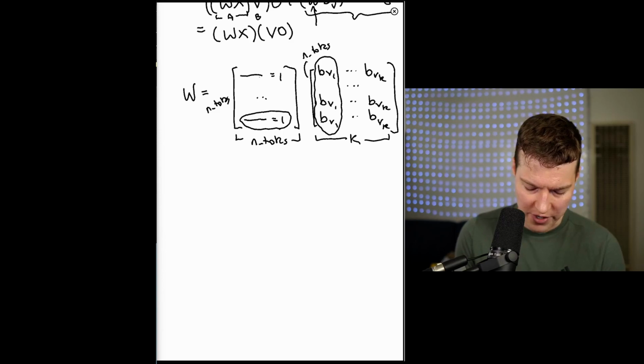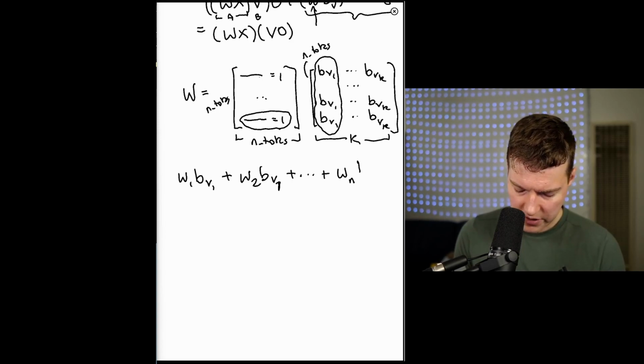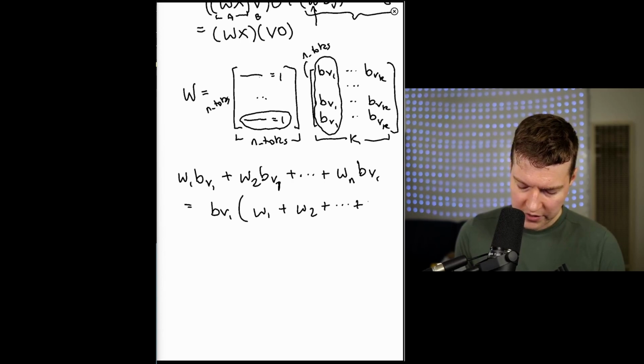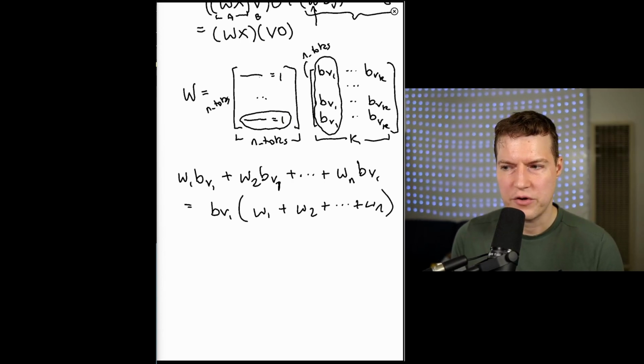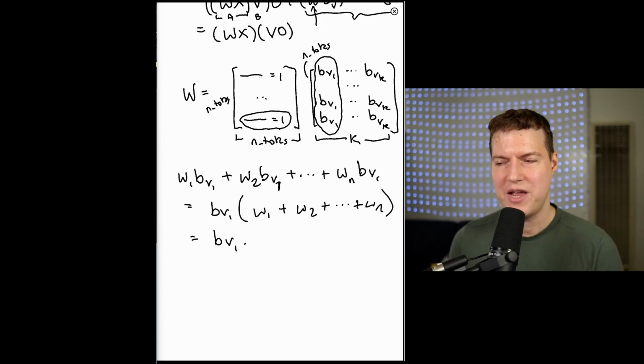So the dot product of this first one is going to be W1 BV1, plus W2 BV1 again, plus W n tokens times BV1 again. And we can factor out the BV1, and we get W1 plus W2 plus Wn, and we set up here that all of those are equal to 1. So this is equal to just BV1. So it turns out this matrix multiply is just equal to BV.